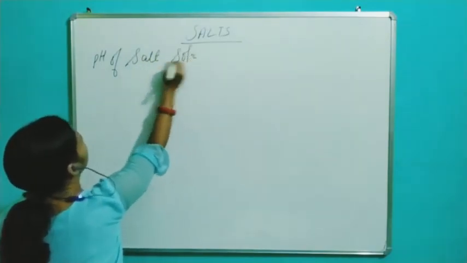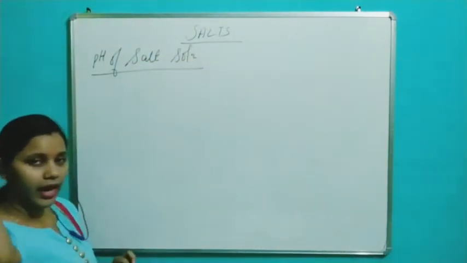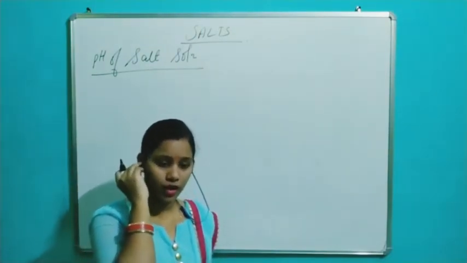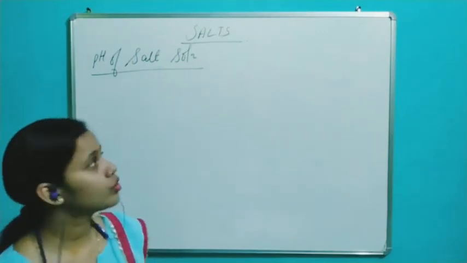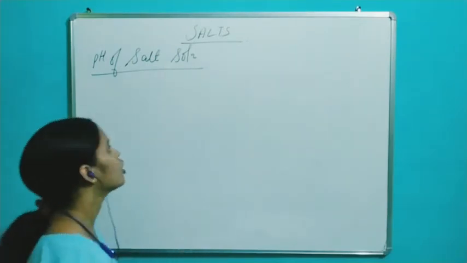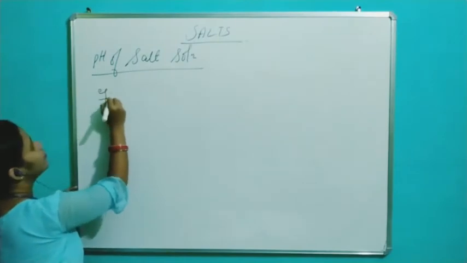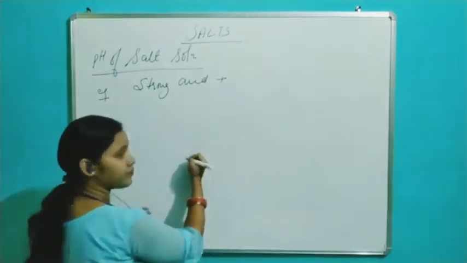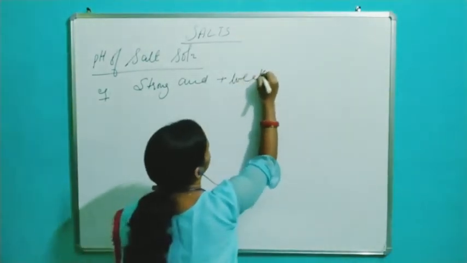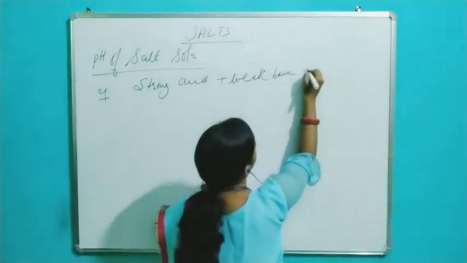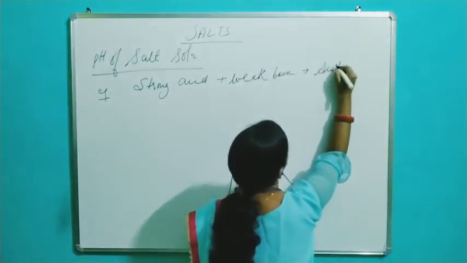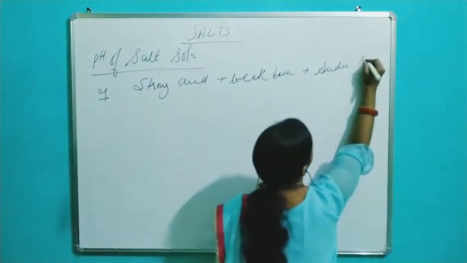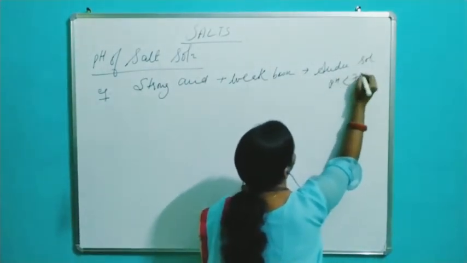Generally the aqueous solutions of salts are neutral, but some salts produce acidic as well as basic solutions. For example, the salt of a strong acid and a weak base gives an acidic solution, that means the pH value is less than 7.